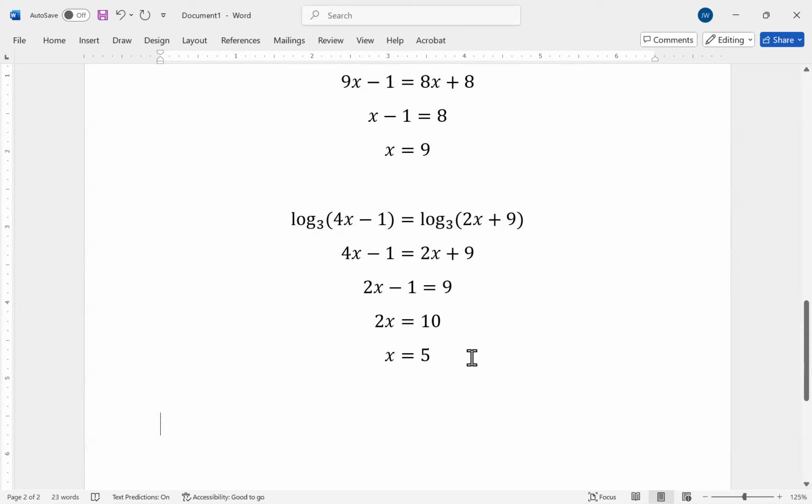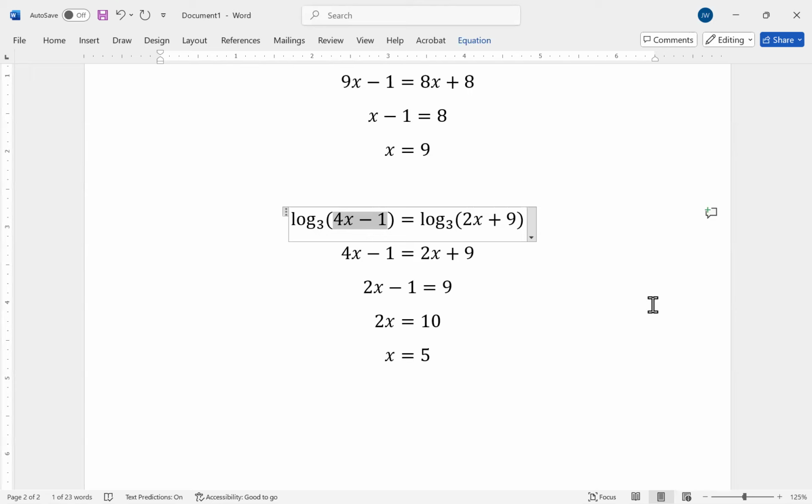Now, the one thing I do have to check here is that it makes sense to plug in 5. Because remember, when I take the log of anything, the argument inside the logarithm has to be positive in order for it to give me a solution. In this case, that's fine. I get log base 3 of 19 on the left and log base 3 of 19 on the right.